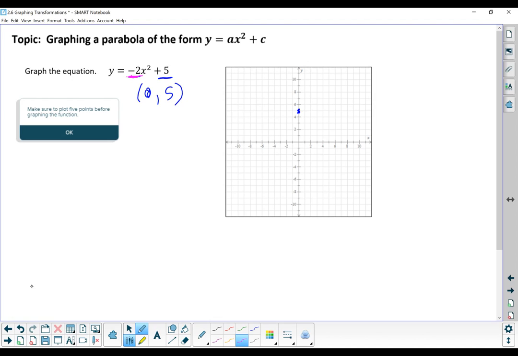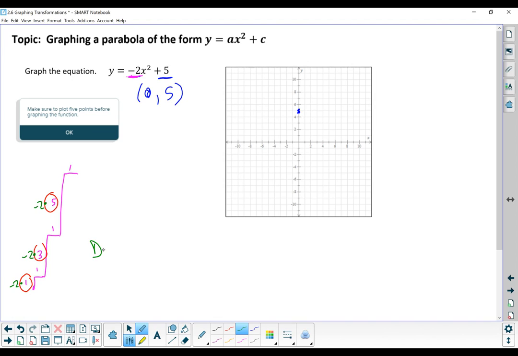So if you like to use the patterns, normally it would go up 1/1, up 3/1, up 5/1. So the stretch of -2, it's going to take the vertical part of each of those steps in the pattern and multiply it by a -2.